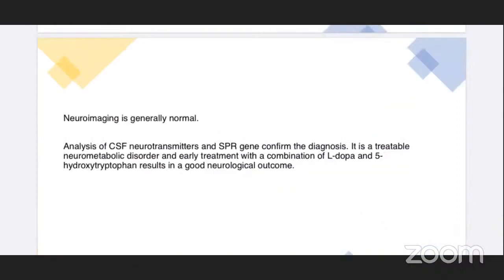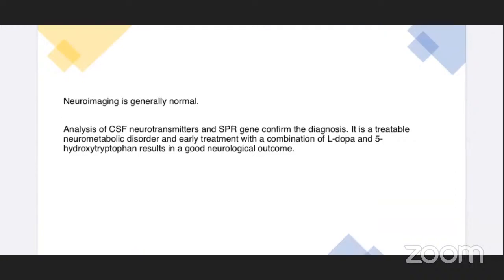Neuroimaging is generally normal. Analysis of CSF neurotransmitters and the SPR gene confirms the diagnosis. It's a treatable neurometabolic disorder, and early treatment with a combination of L-DOPA and 5-hydroxytryptophan results in a good neurological outcome.